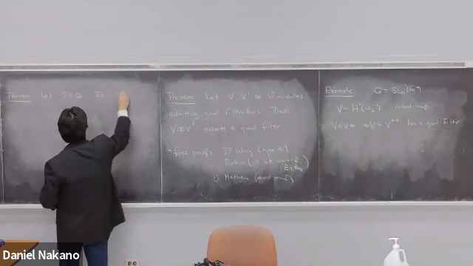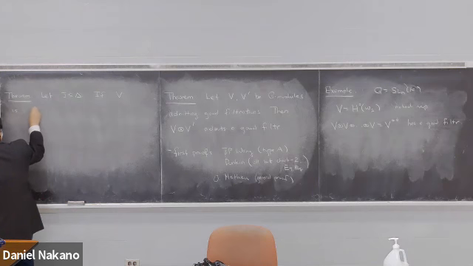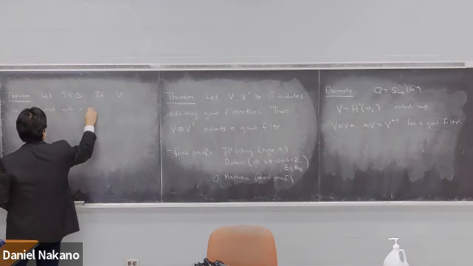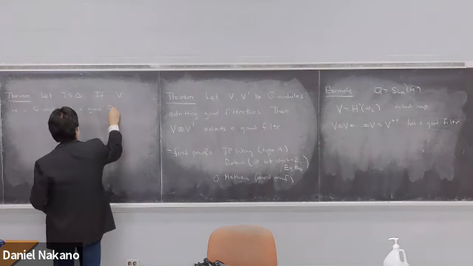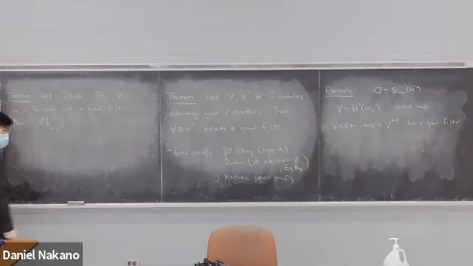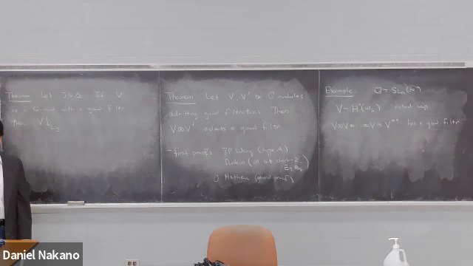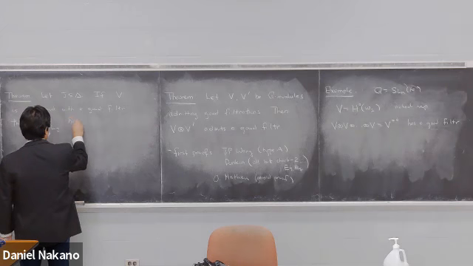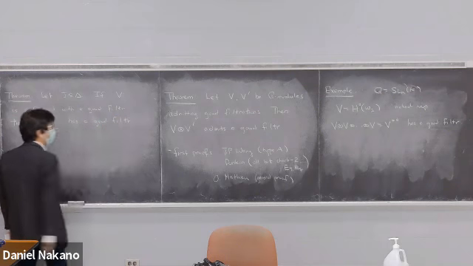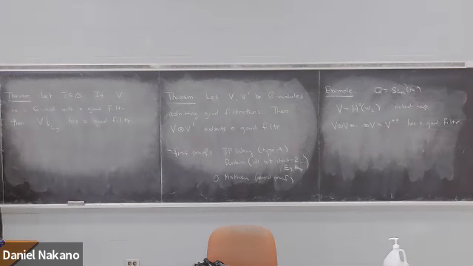So if V is a G module with a good filtration, then when I restrict the module V down to this Levi factor, which is also a reductive group, it has a good filtration. Okay, so good filtrations behave well with respect to restrictions to Levi factors.